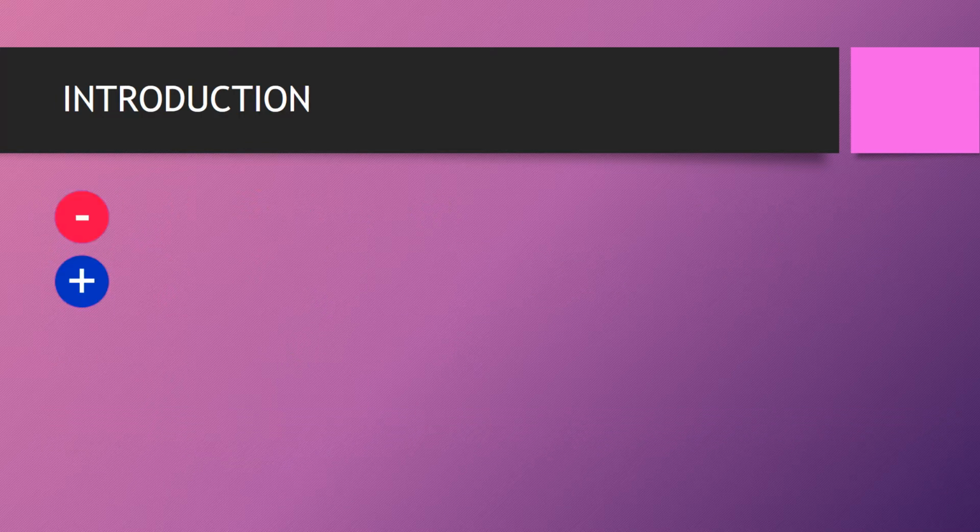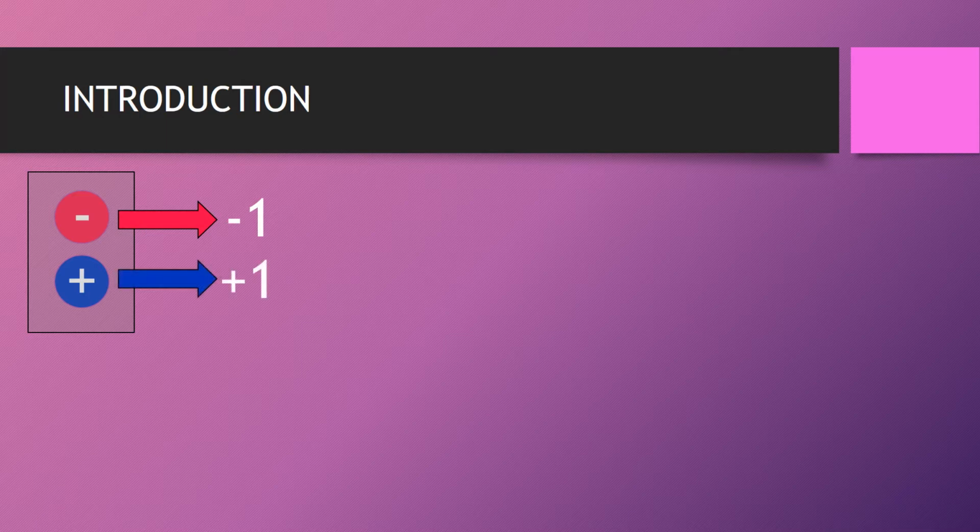Continuing with the introduction, I'm going to use two circles. One red circle with the negative sign represents negative one, and another circle with the positive sign in the color blue represents positive one. Every time you see the red circle with the negative sign, it represents negative one.